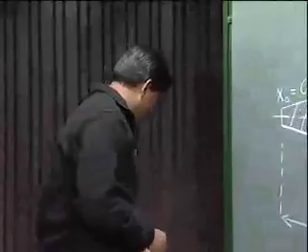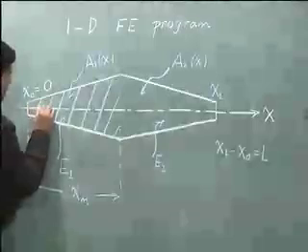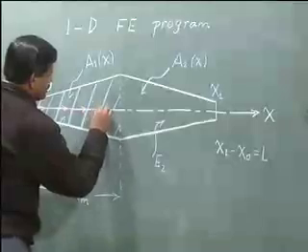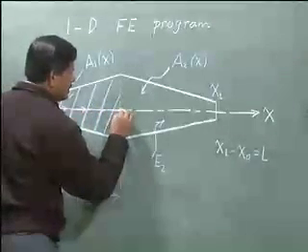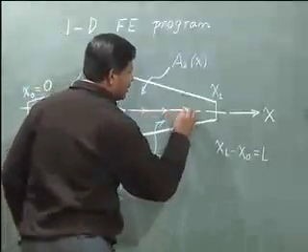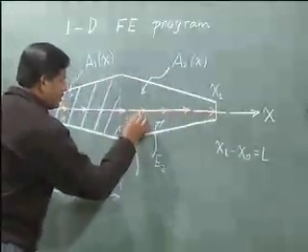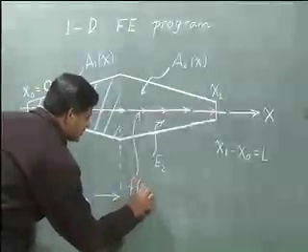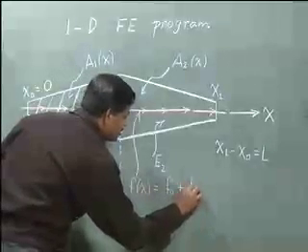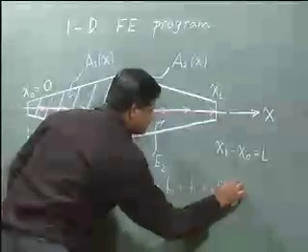The other features that we would like to have are the following. I would like a distributed load along the center line with intensity f of x given by f0 plus f1 x plus f2 x squared.